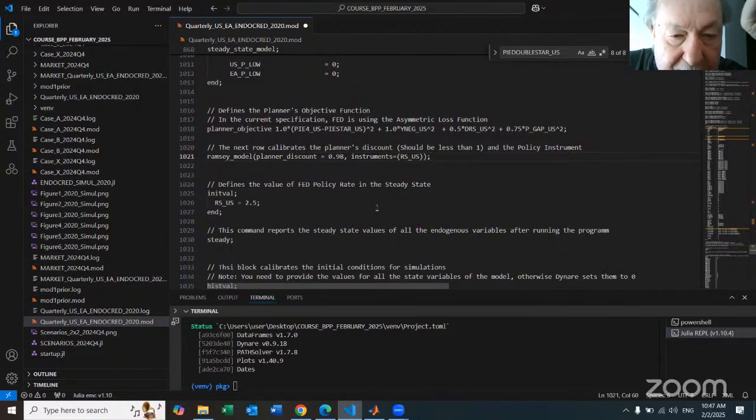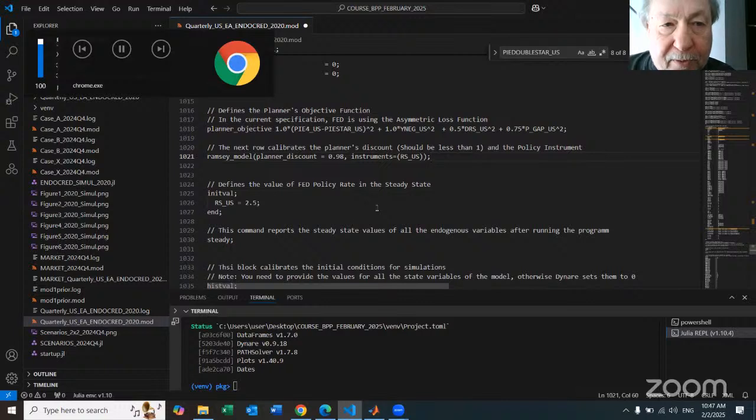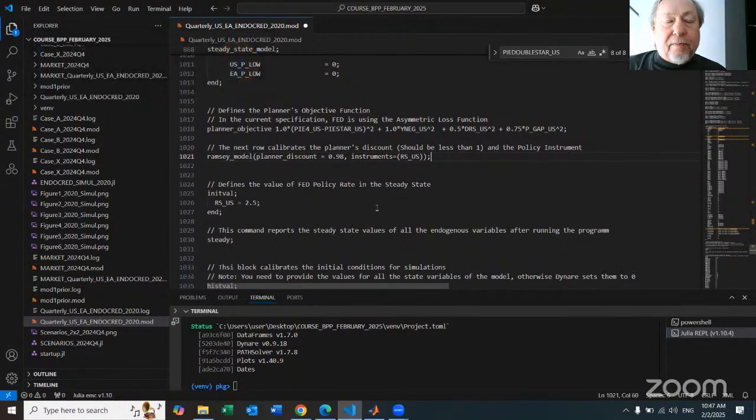So the structure is that if I give it a model at this point that has 100 endogenous variables, and I delete the reaction function for the US, so I only have 99 equations, then as soon as I issue that Ramsey command, it's expecting to add the last equation for the interest rate. Okay, so I got that.